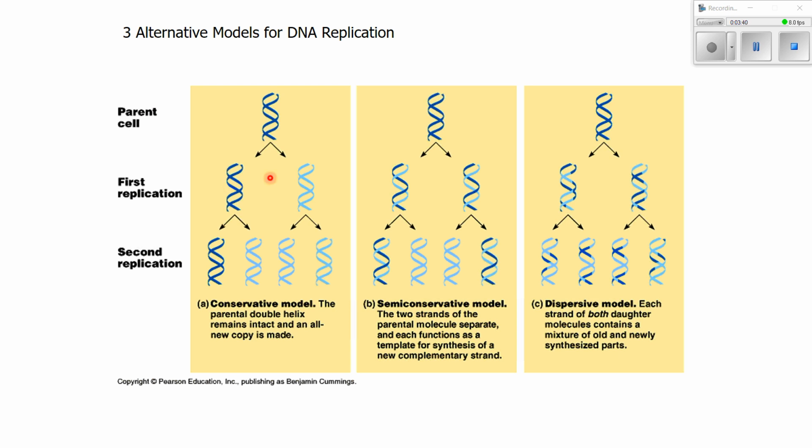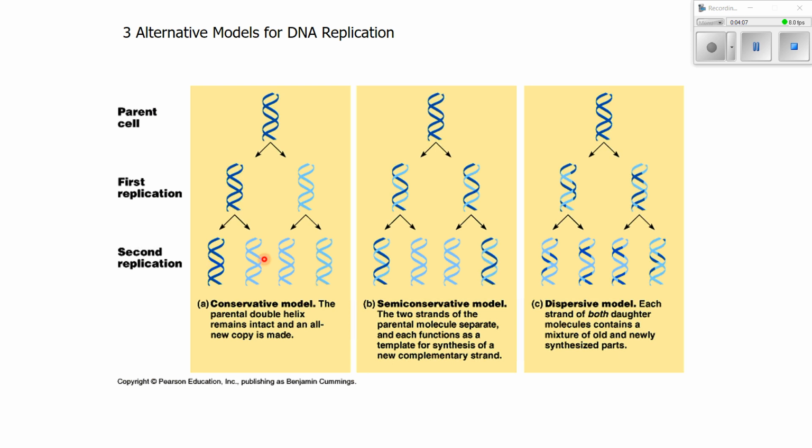And it's kind of hard to imagine how that would really work in a cell, but it was a proposed hypothesis. So now that I've made a copy, if I was to copy the DNA again, I would get another new copy plus the copy that I just made a minute ago, and then I've still got my original.